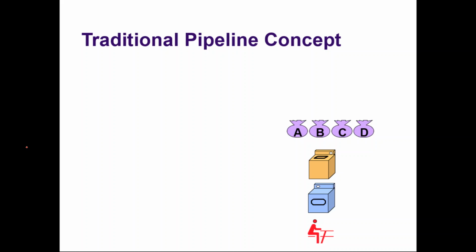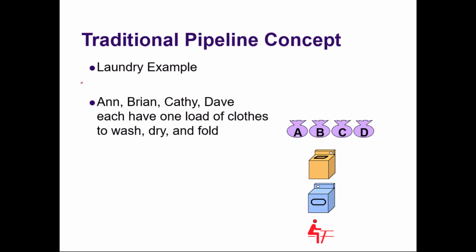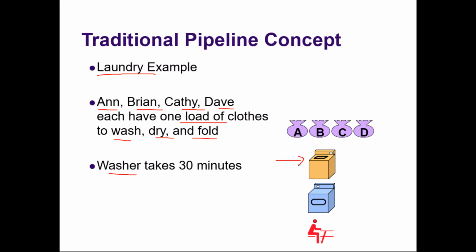Okay, fine. So let us discuss one very basic example, a laundry. Say there are four persons: Anne, Brian, Kathy, and Dave. They each have one load of clothes which is to be washed, dried, and folded. Say the washer takes 30 minutes.